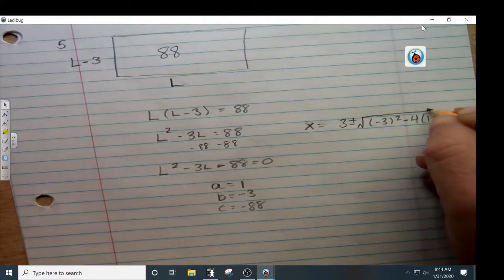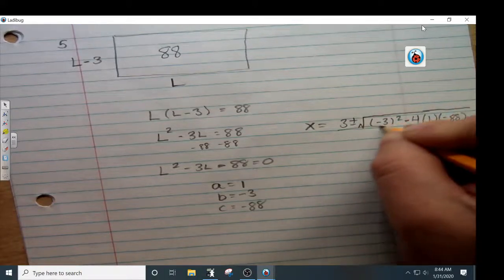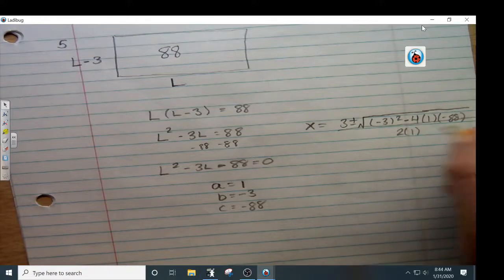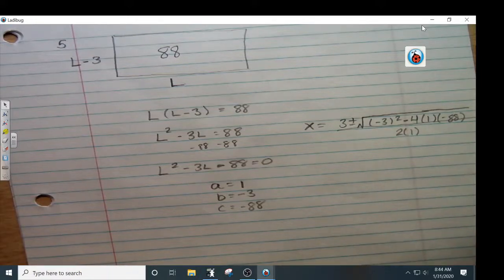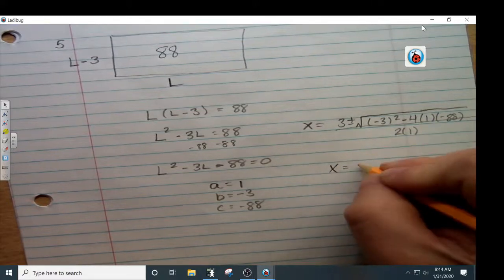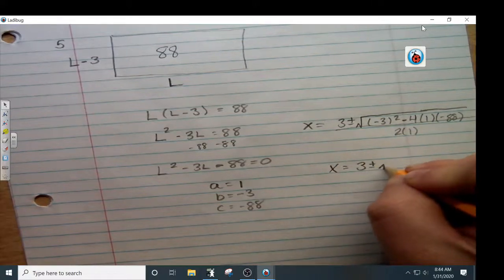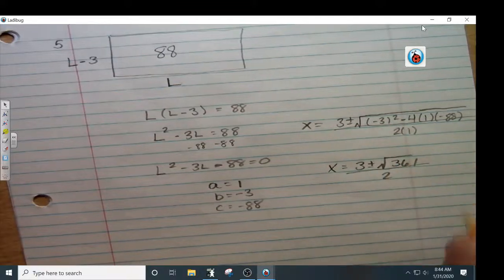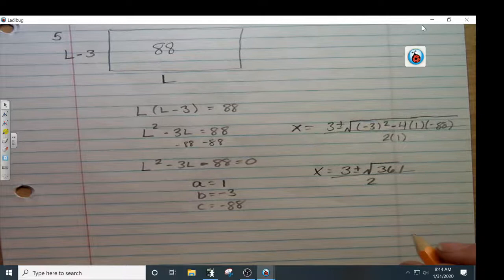All right, guys, what was the discriminant on this? Anybody know? It was 361. Okay, so that's going to be x equals 3 plus or minus the square root of 361 over 2. Square root of 361 was what, 19?